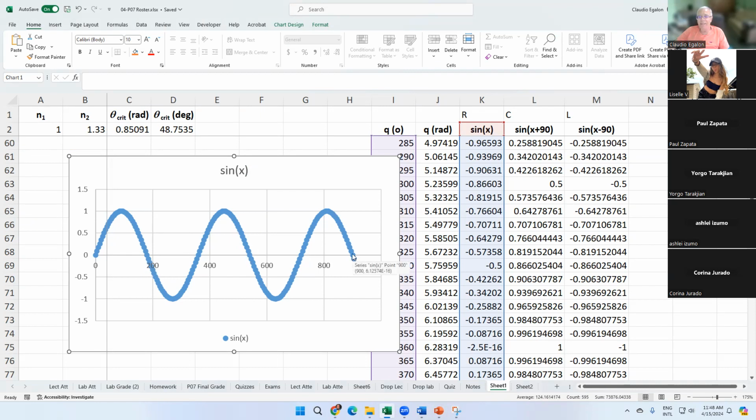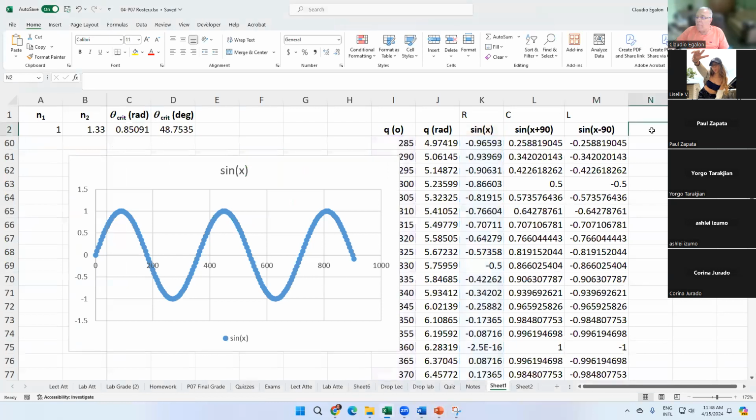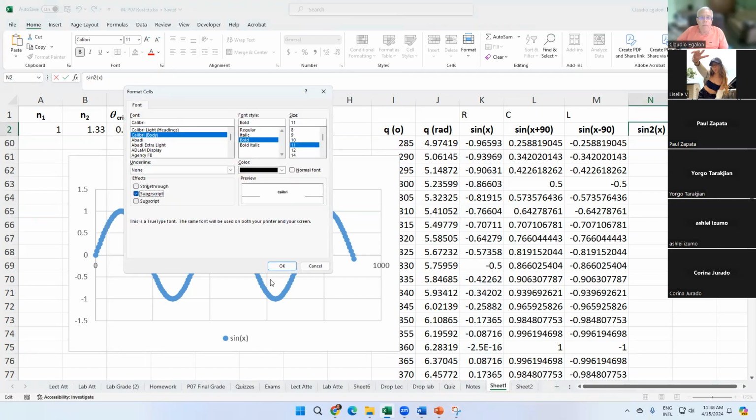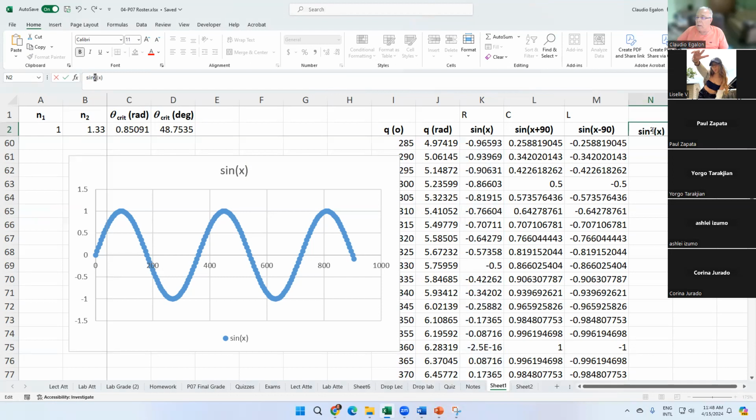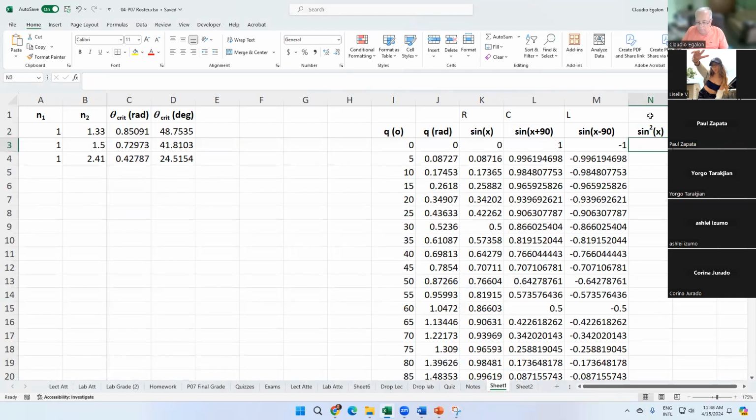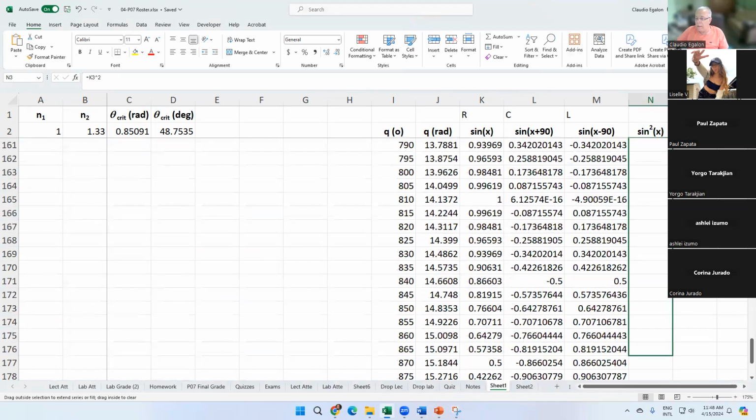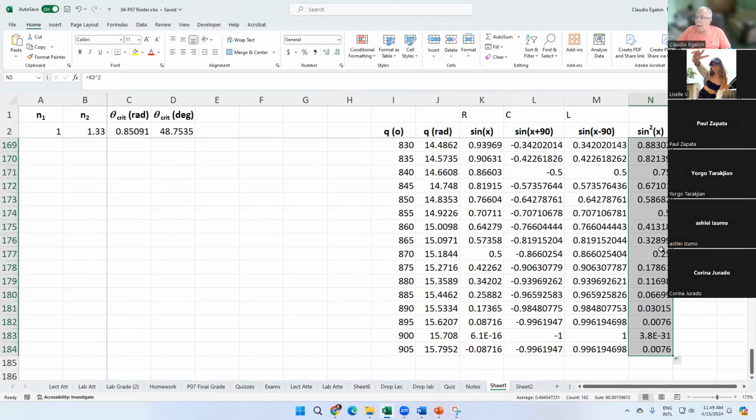Okay? And we can even plot that. Here you go. I'm going to do that, sine square of x. I'm going to square this value here, and I'm going to plot that for you so you can have an exact picture of how it looks.